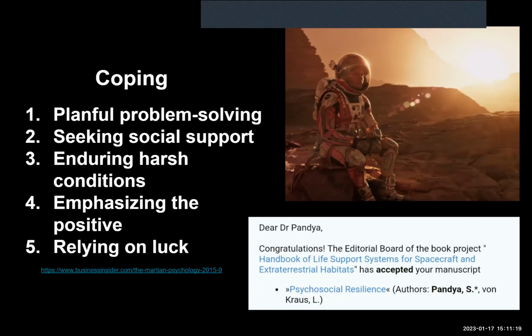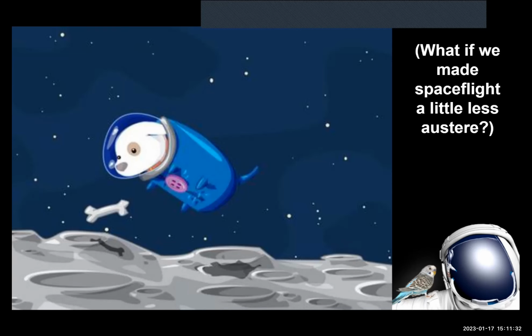And then while we're asking what if questions, what about bringing creature comforts with us? What about making an austere environment less austere? What about bringing a pet with us for morale? There's trade-offs there. There's going to be more resource utilization in terms of food, in terms of water consumption, in terms of waste management, in terms of life support system capabilities, but maybe the morale trade-off is worth it.